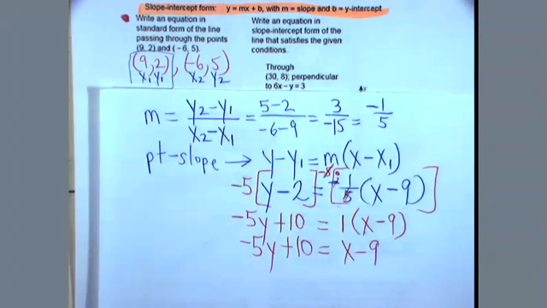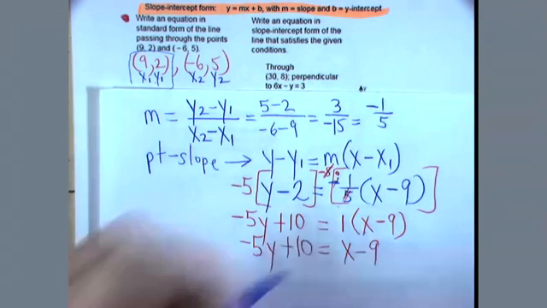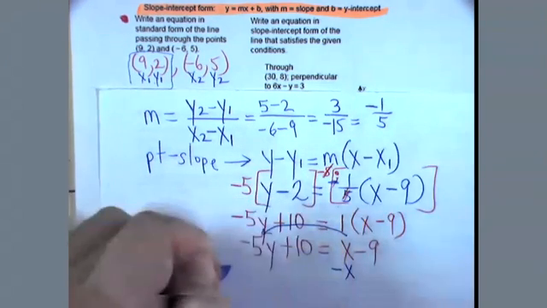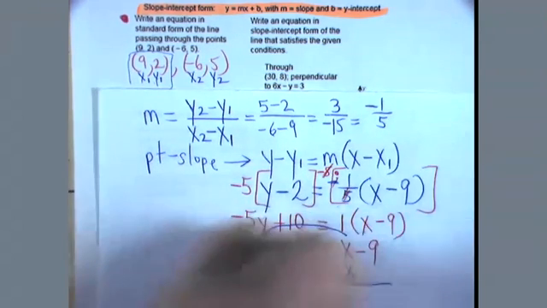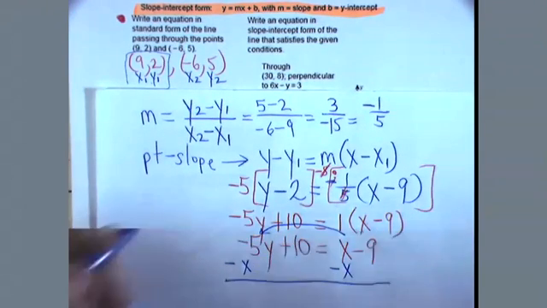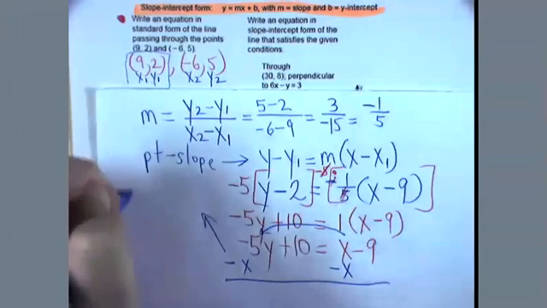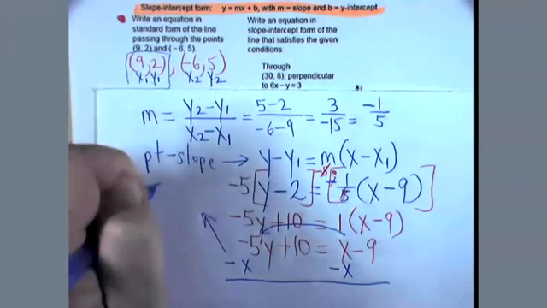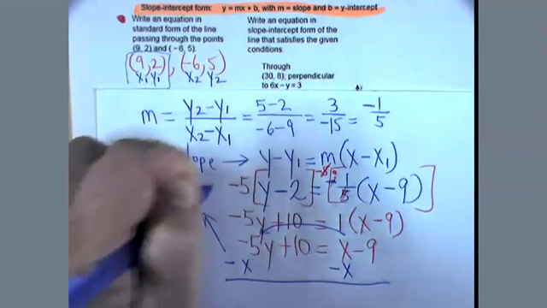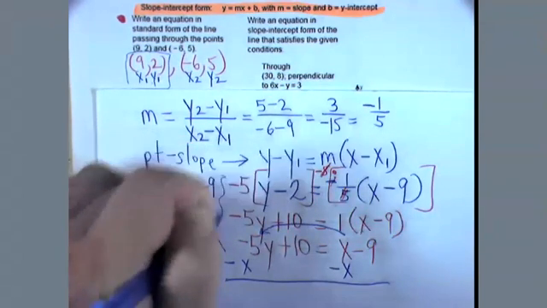So what I'm going to do to get the x on the left-hand side is subtract 1x from both sides. So that gives us up here negative x minus 5y plus 10 equal to negative 9.